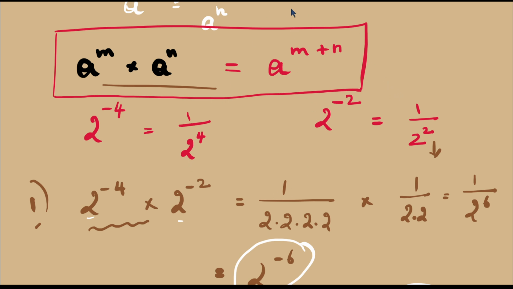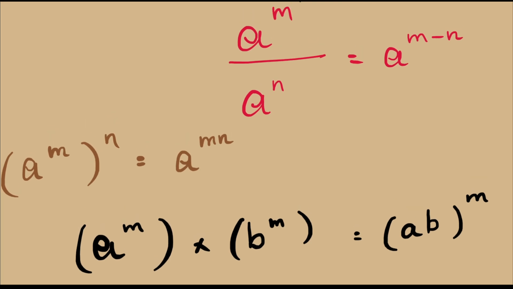Now in the same process, let's verify, or I think I leave it to you all for verifying the other laws which we had established only for positive exponents. Check for negative exponents also whether these laws are applicable.